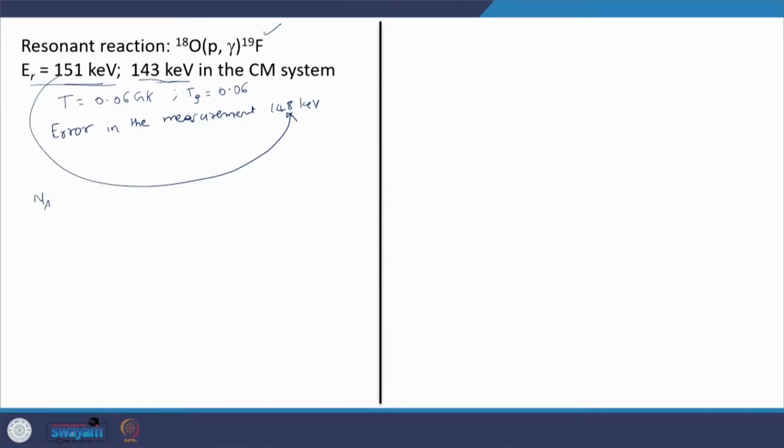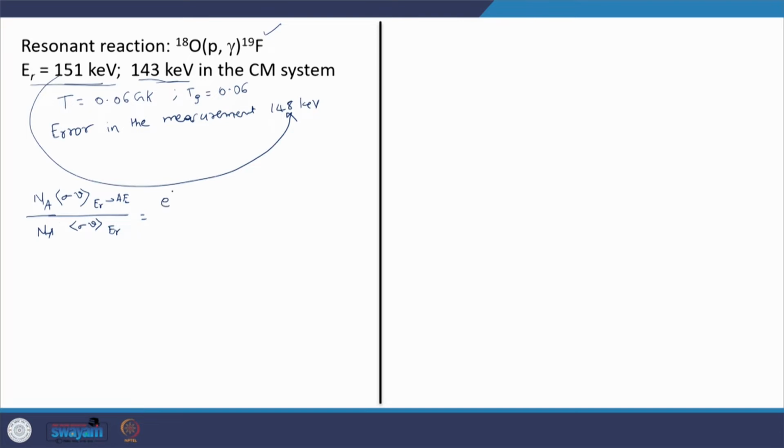Okay. So, here the number, that means the reaction rate per particle pair, multiplied by this. So, ER minus delta E if you consider, and the reaction rate for ER. Okay.